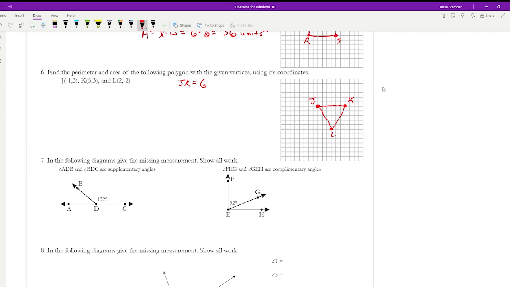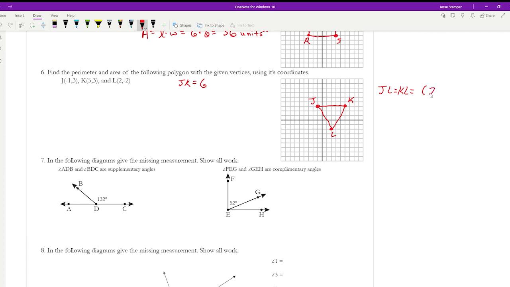So I'm going to write over here in the dead space, JL equals KL. And what it equals is we're going to have to use the distance formula. So we need to find, we'll use KL.